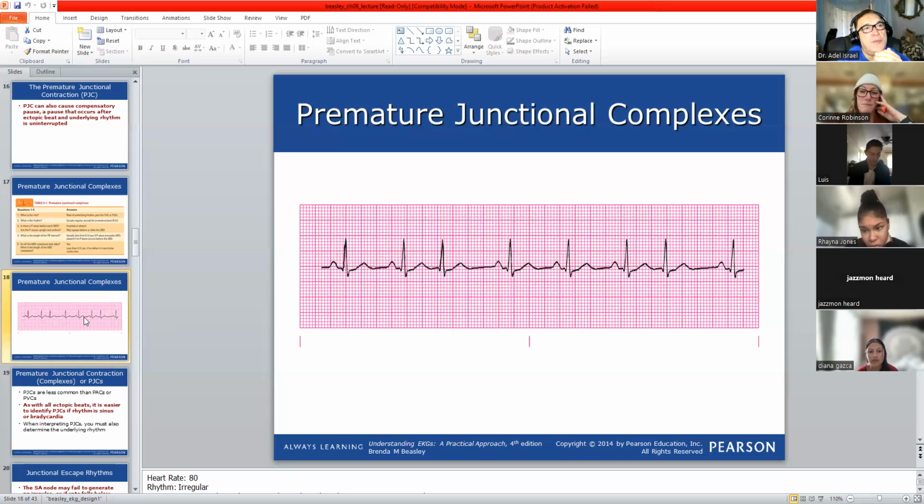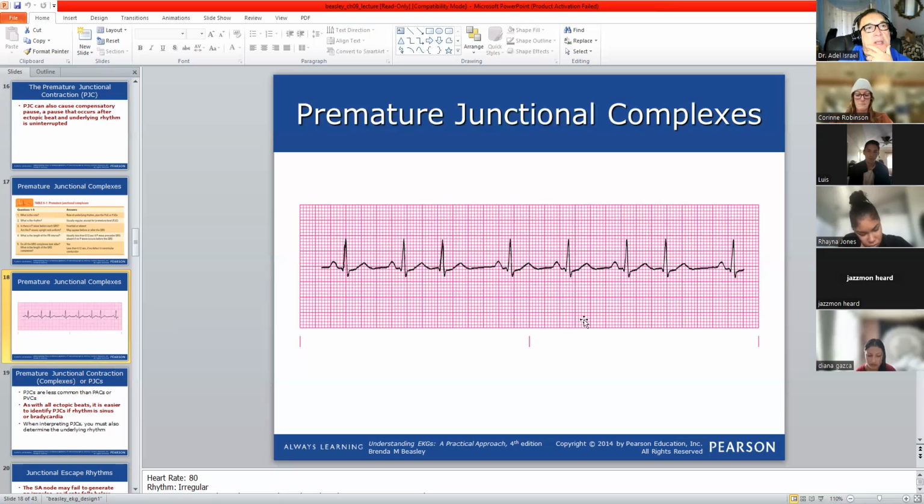Okay, which one? It looks like the third beat might be the premature. This one? Yeah. Very good. So this is premature. But what is the character? You mentioned that there is no P wave, or the P wave is negative or hidden. So it will be premature junctional. You got the correct answer.